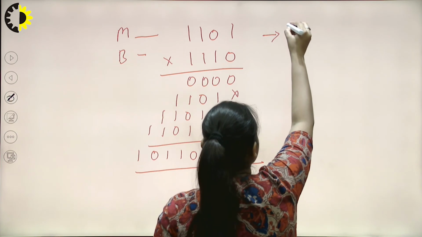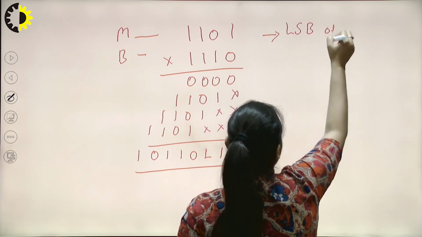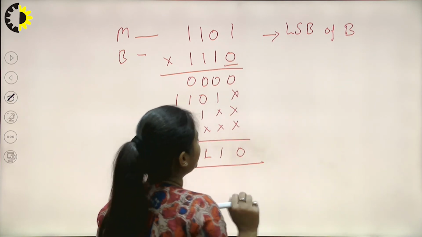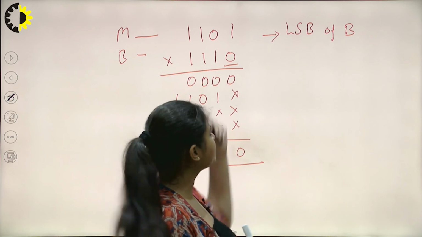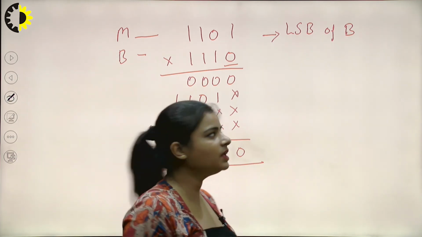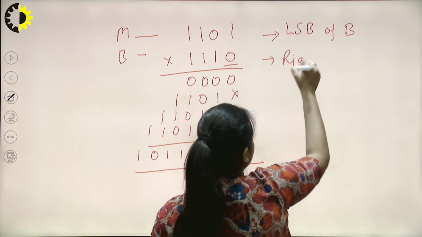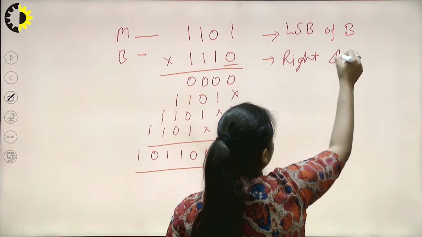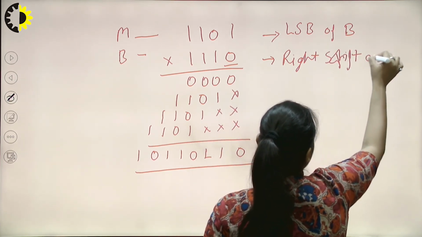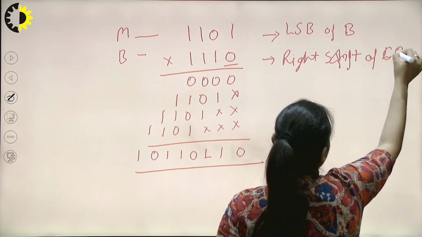First of all, you have to check the LSB of B. If the value of LSB of B is 0, then you have to only do the step right shift of C A B.